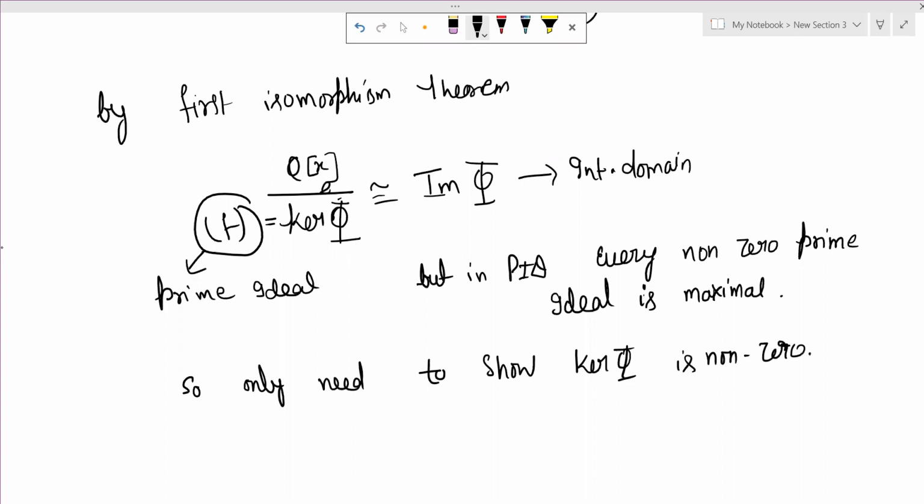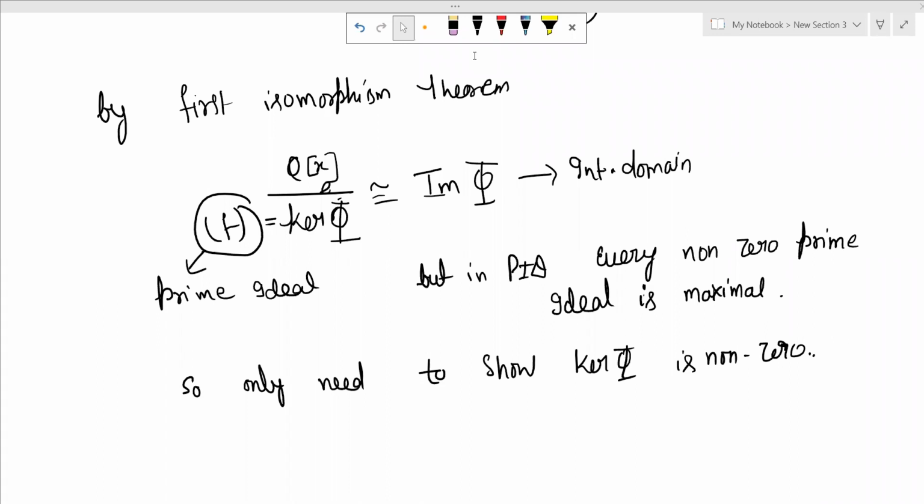Muthukumar, how will we argue that the kernel of phi is non-zero? Now it is almost obvious. Jennifer, Princey, do you have any idea how we will argue now? The kernel of phi is non-zero.